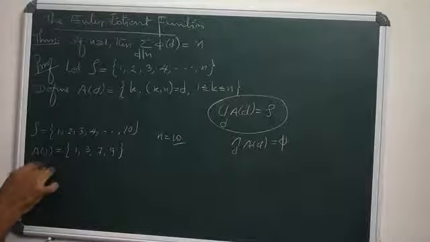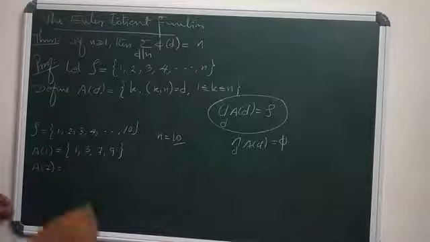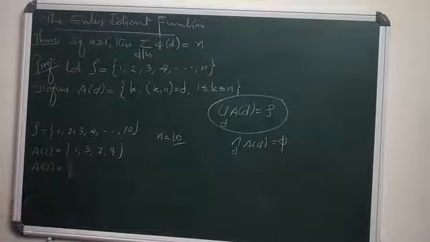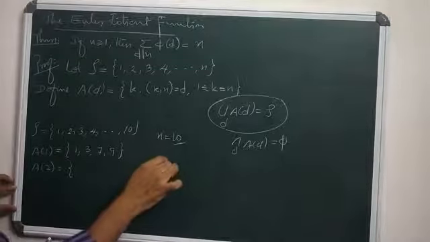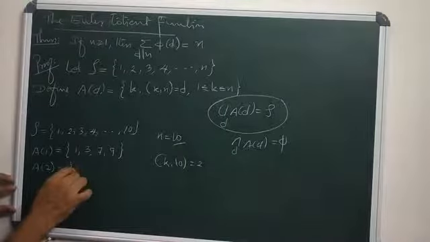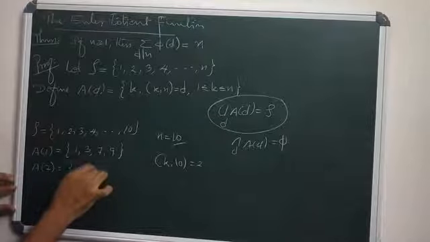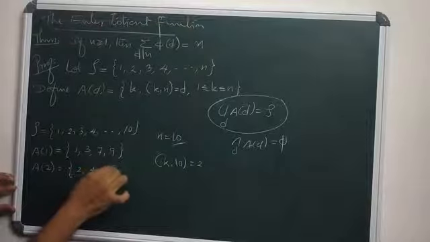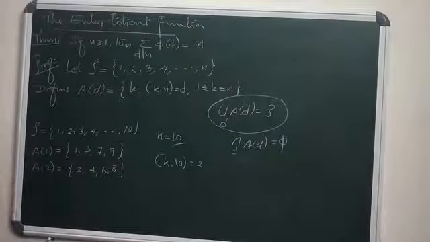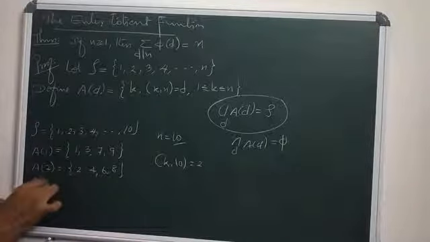Suppose 2 is a divisor of 10. What is A of 2? A of 2 means GCD of k and 10 is 2. Which are they? 2 and 10 have GCD 2, 4 and 10 GCD 2, 6 and 10 GCD 2, 8 and 10 GCD 2. 3 is not a divisor of 10, 4 is not a divisor of 10, 5 is a divisor of 10.